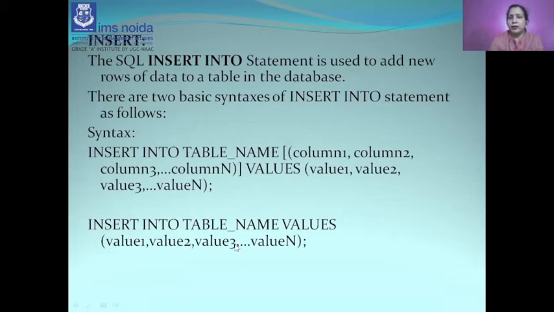But in this case, you have to remember the sequence of the columns. Here we are mentioning the columns, here we are not. Since we are not mentioning the columns, we have to keep in mind the sequence of attributes and assign the values according to that sequence. So if we have the serial number first, we assign serial 1 here. Then we have the name, so we assign the name accordingly. Let's take the example.